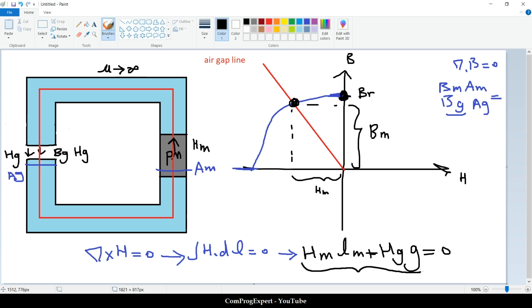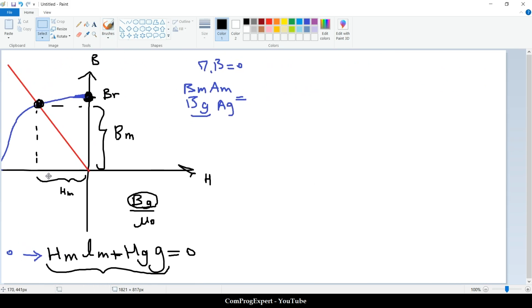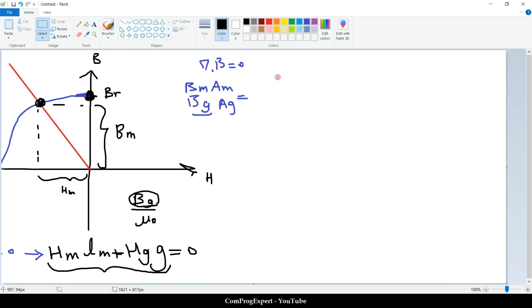This is the equation. In this equation, if instead of H gap you write B gap divided by mu 0, and instead of B gap, let me remember this figure. I just want to rewrite this equation. We have HM LM plus B gap divided by mu 0 times L gap equal to 0.